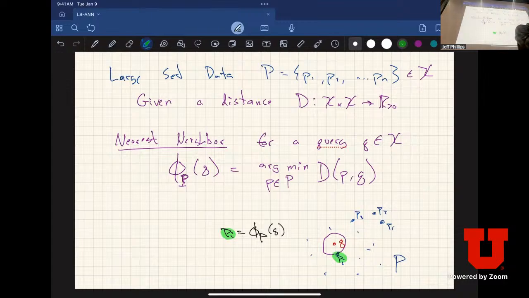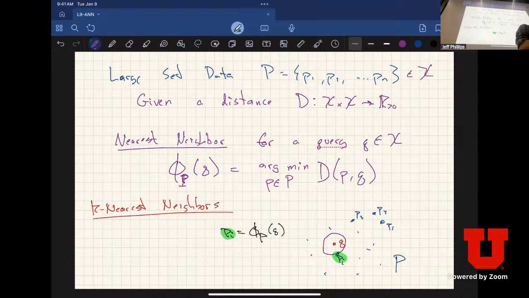All right. So before we move on, I want to say there are extensions of this called the k nearest neighbors. Again, I have a query q and a value k, which is greater than or equal to 1, right?